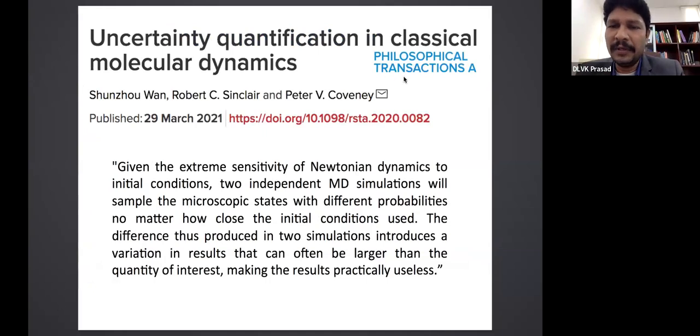Another model that I just want to pass by in saying, so one has to also learn uncertainty quantification, even in classical molecular dynamic simulations. As has been said here in this slide, if one is not thorough and careful, the calculations are never reproducible. So one has to be patient enough to run these simulations long enough that the observations are reproducible.